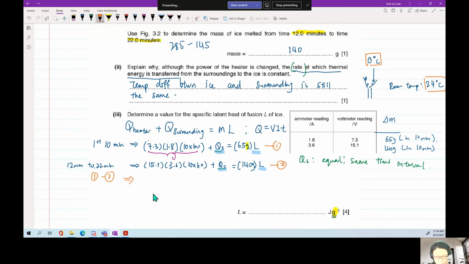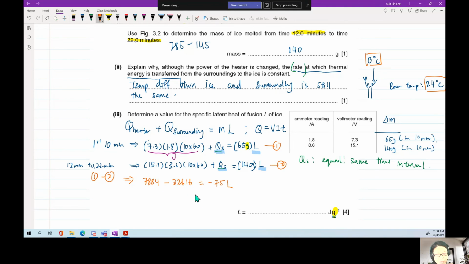7.3 times 1.8 times 600. This will be 7884 minus 32616. I know I will get a negative number, but I'm not that stressed about it. QS minus QS goes away already. So this will be 65 minus 140, which is negative 75L.